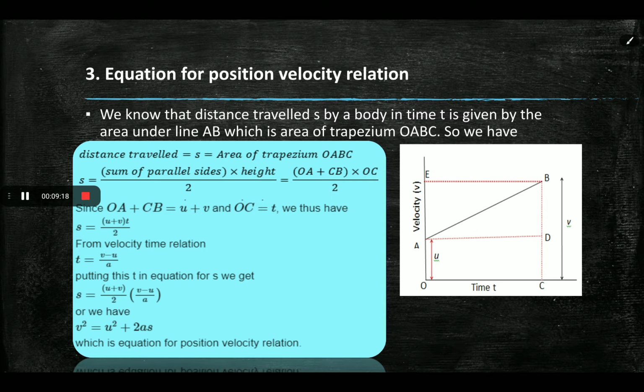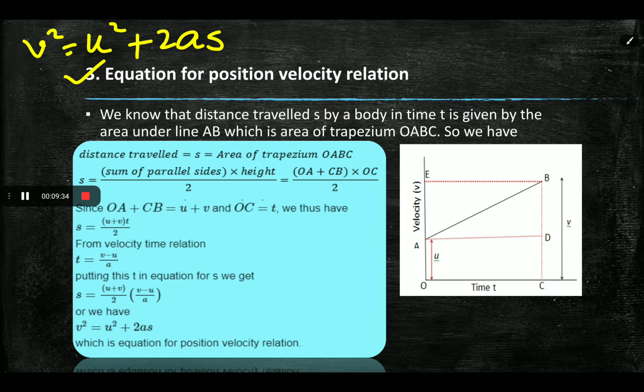Now in the next slide, the third equation of motion. You know that here V square is equal to U square plus 2AS. This is the third equation of motion, and this is known as the equation for position velocity relation.